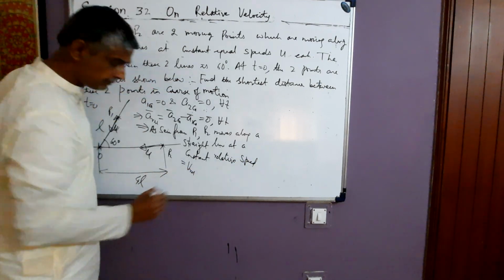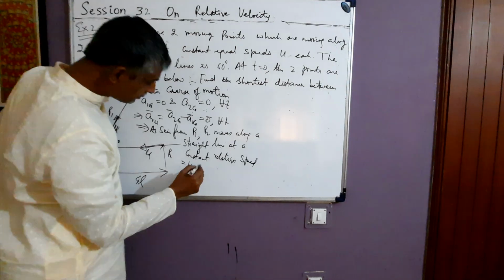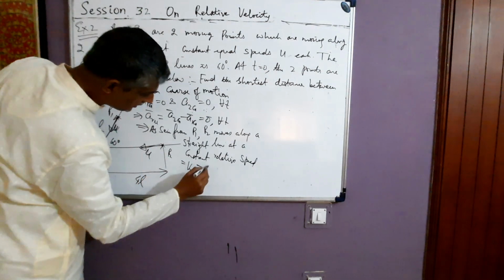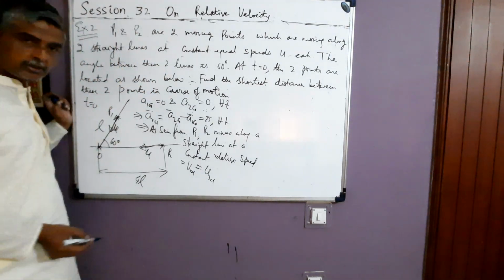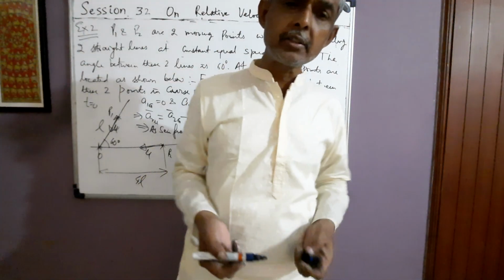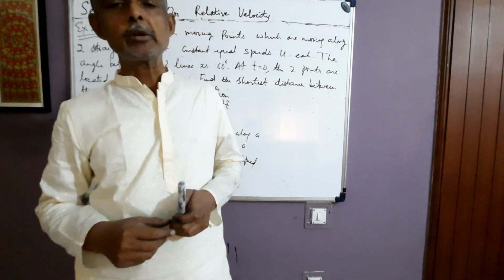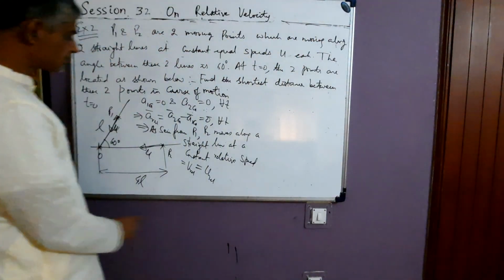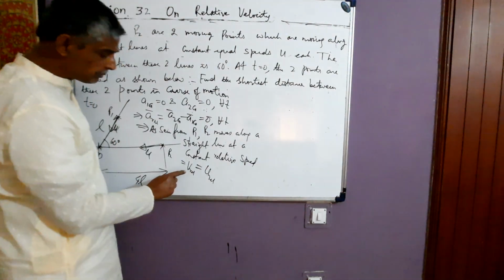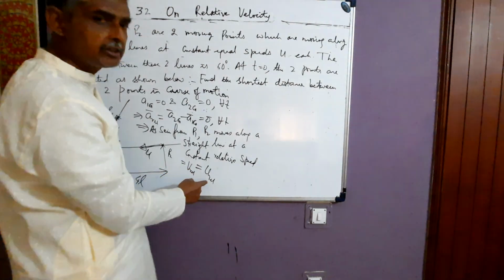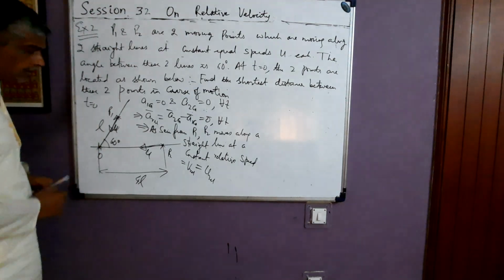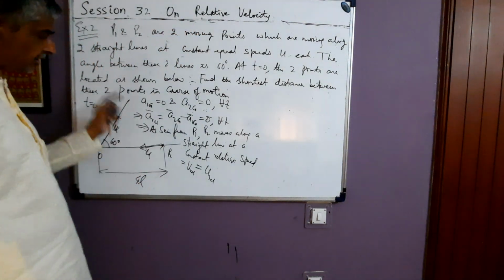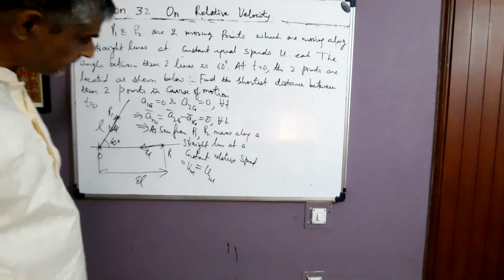Now that constant relative speed is the same as the relative speed between these 2 points at time 0, that is just the initial relative speed u relative. Because if any physical quantity is constant, doesn't change with time, then the value at time t is the same as that at time 0. So we'll say that with respect to P1, P2 moves along a straight line at a constant relative speed of u relative.